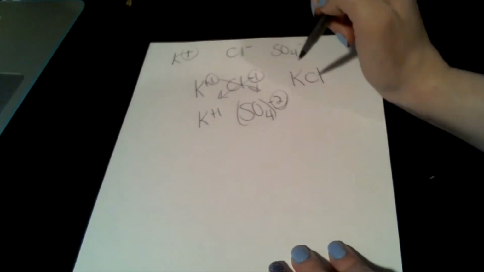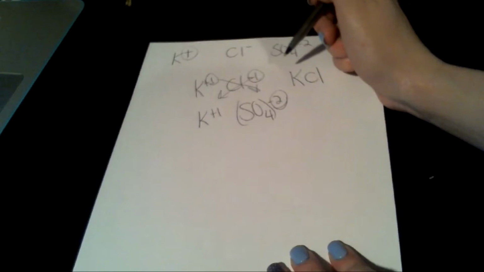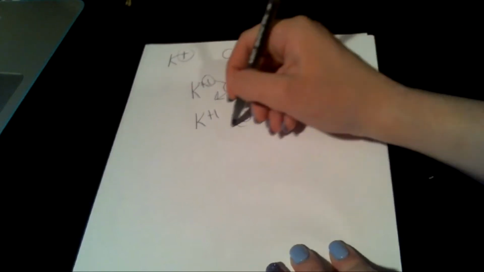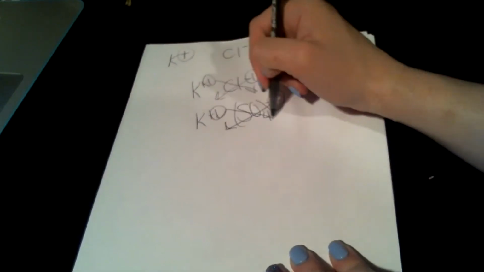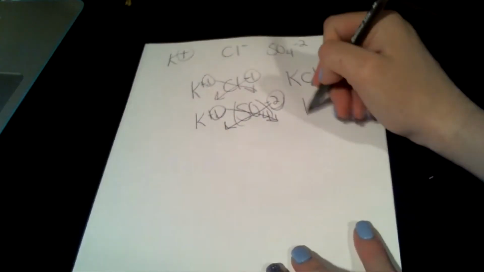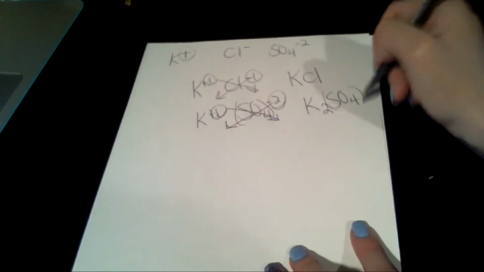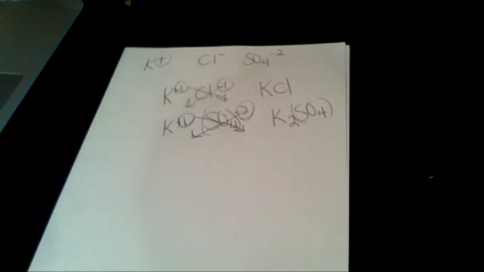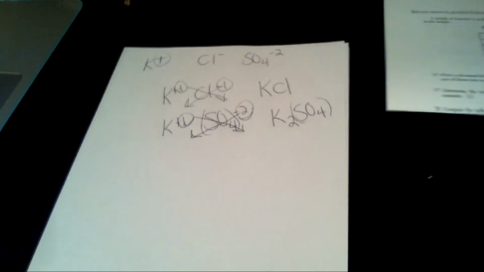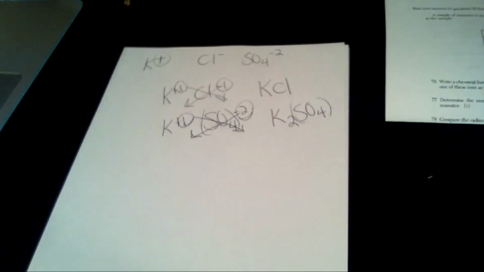It is a bundle. You keep the bundle together. Just the 2, only the 2, not the negative, comes all the way down and across. This 1 all the way down and across. You get K2SO4. If you choose to keep this in parentheses, no one is going to judge you. Okay, so those were the 2 possible answer choices for 76.